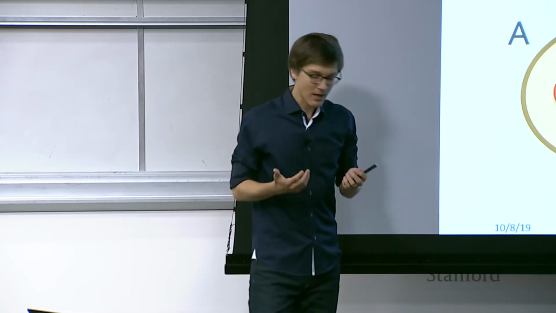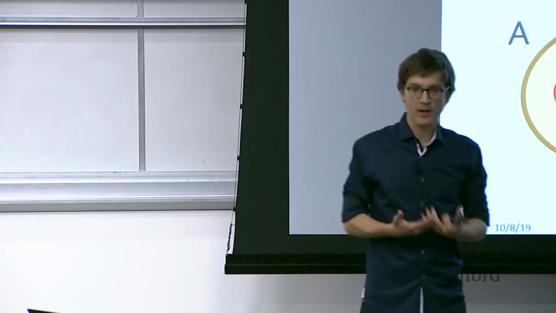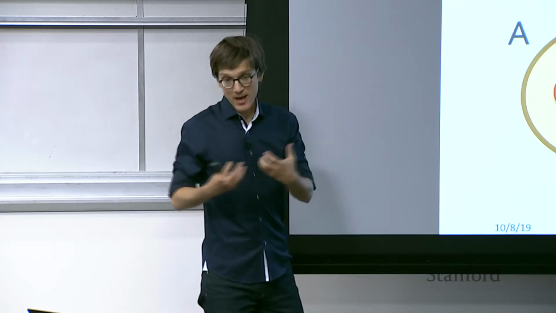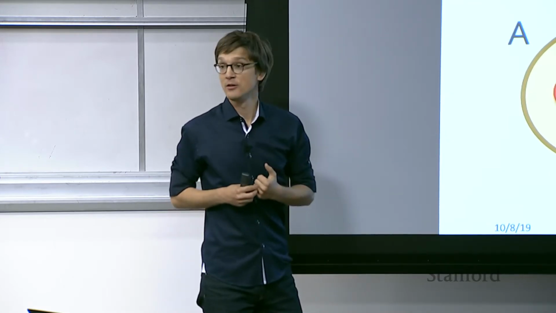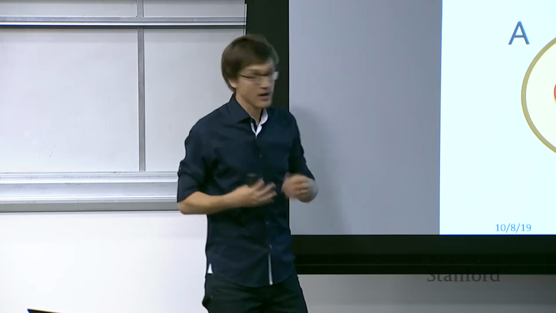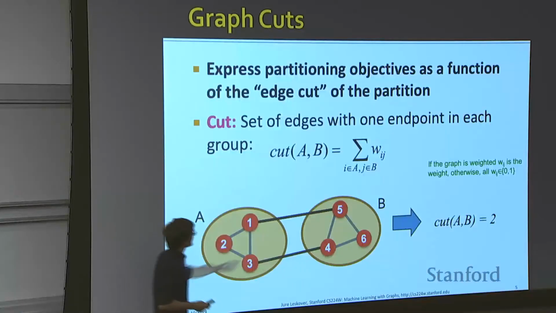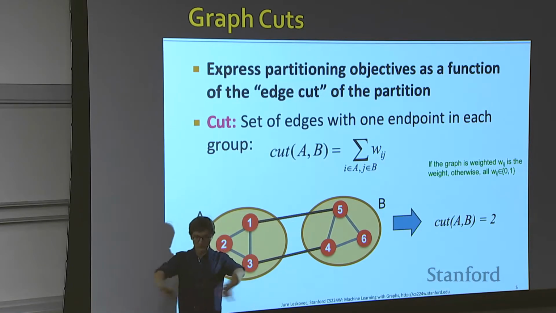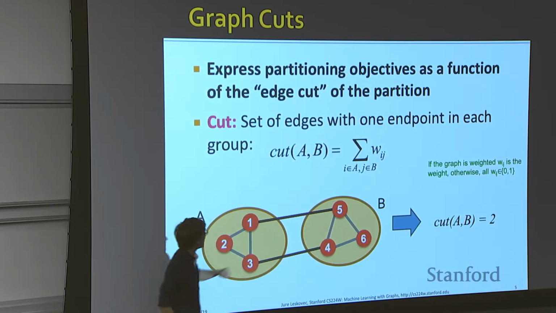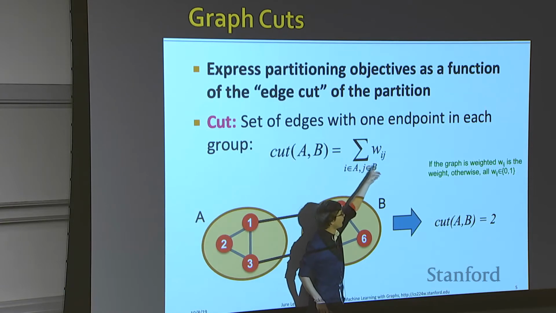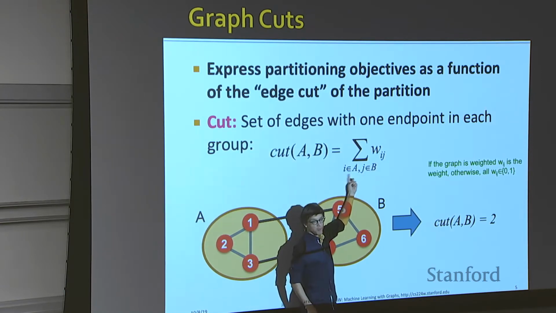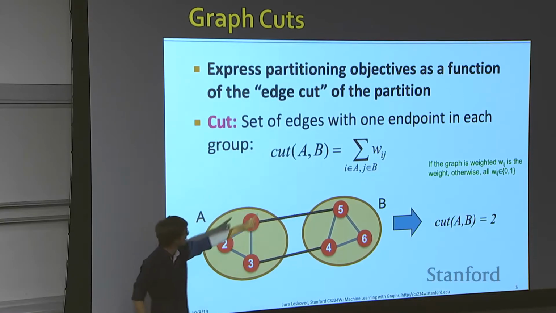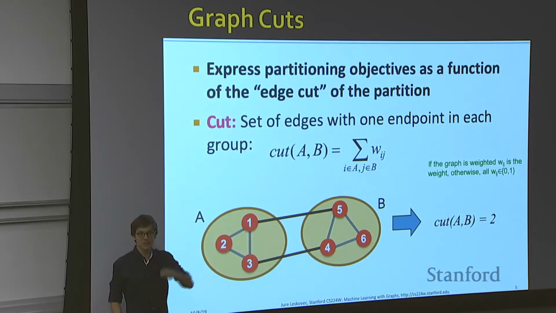In order to do that, we first need to define a notion of a cut, and we will express the objective function that tells me how well we found a partitioning of the graph using it. We will say a cut between sets A and B, where we take all the nodes and split them into 2 disjoint sets A and B, is simply the sum of all the edge weights where one endpoint is in A and the other endpoint is in B. If you have an unweighted graph, then the edge weights are all equal to 1.